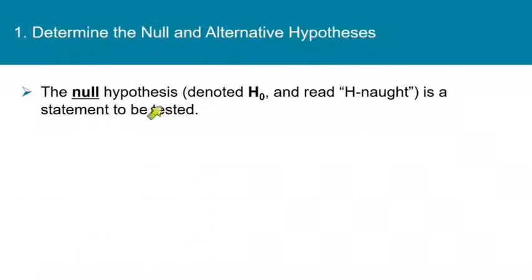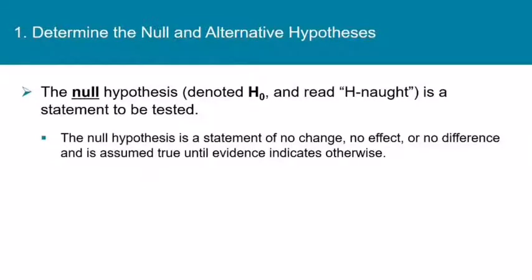So the null hypothesis is H naught, and this is a statement to be tested. The null hypothesis is always the statement of no change, no effect, or no difference, and it is assumed true until evidence indicates otherwise. The null hypothesis, by the way, will always contain an equal mark.